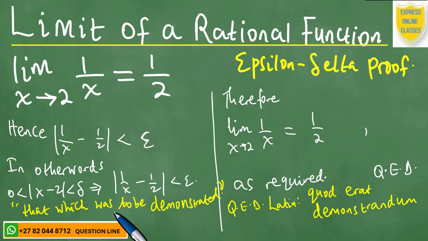Quod erat demonstrandum is Latin, and this is an abbreviation used to mark the end of a proof. Of course, it marks the end of the proof here.